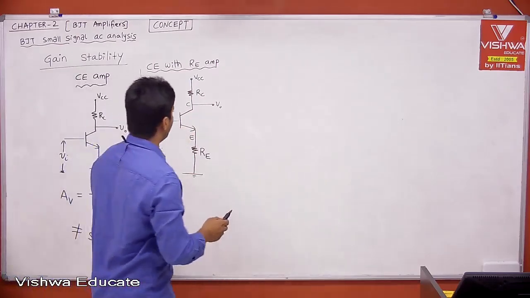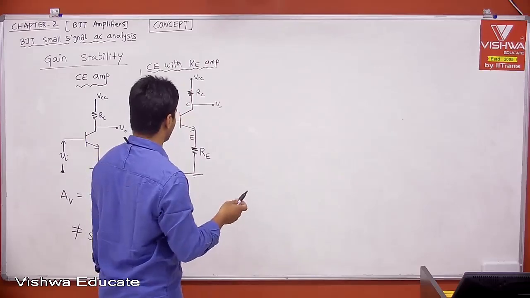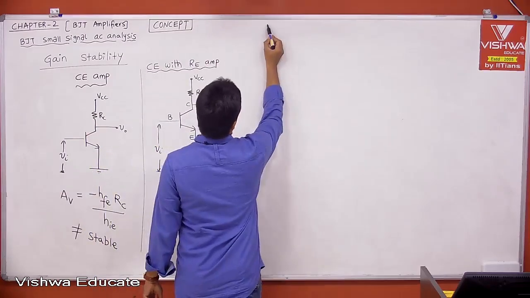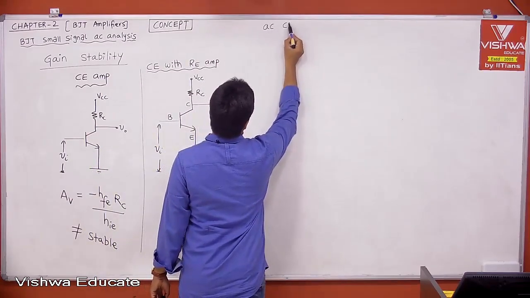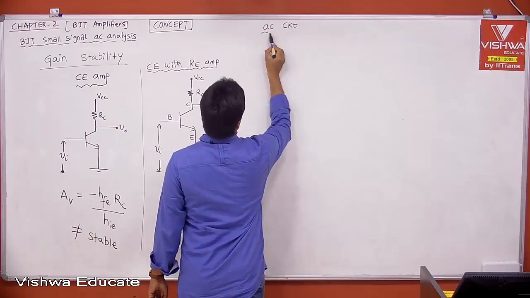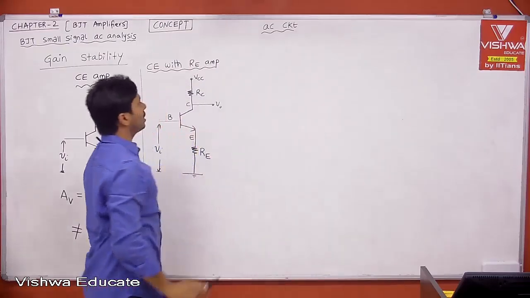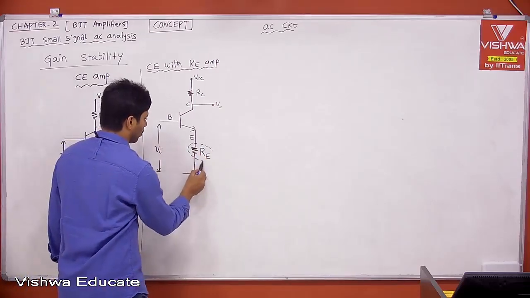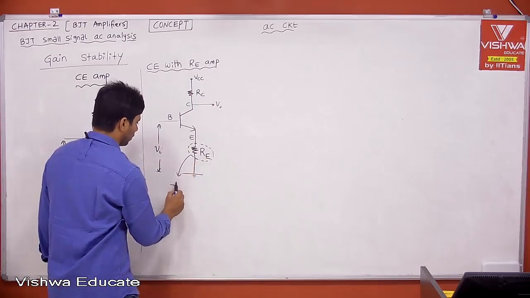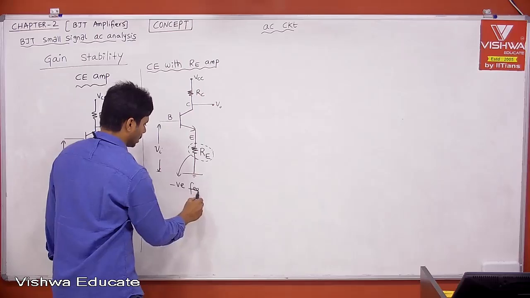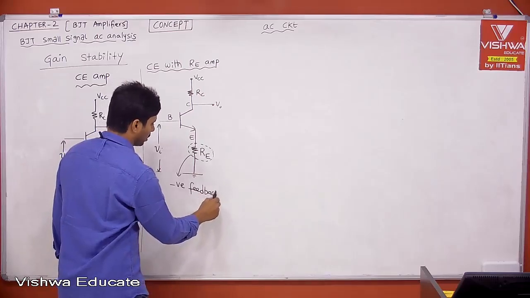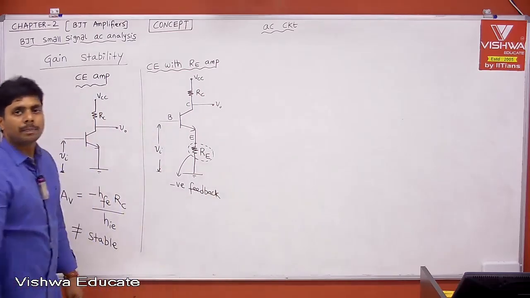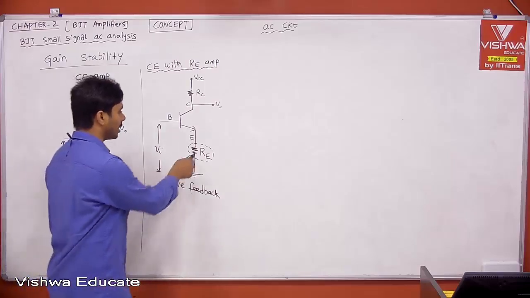I'm trying to draw the AC circuit for your CE with RE amplifier. For your understanding, this RE is your negative feedback resistor; this is the component providing negative feedback.